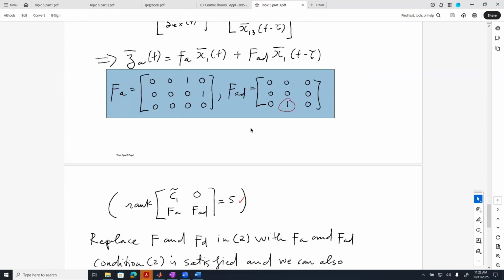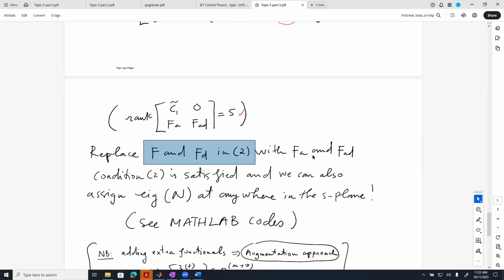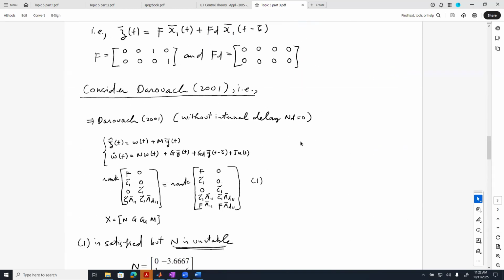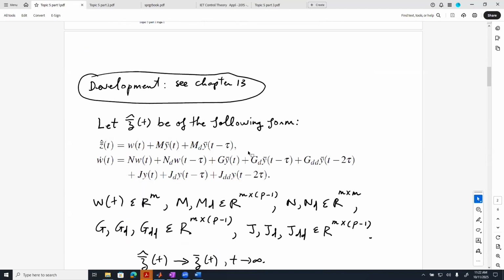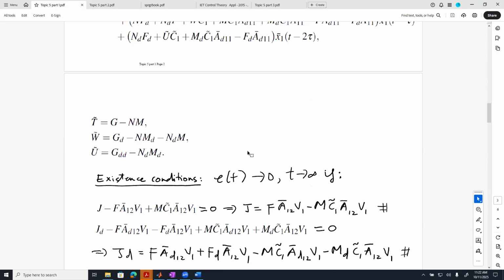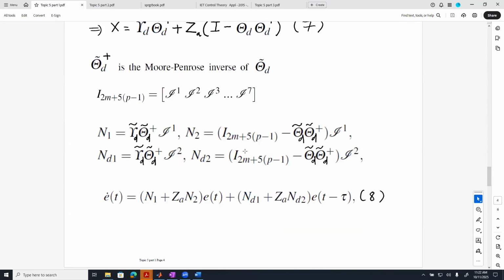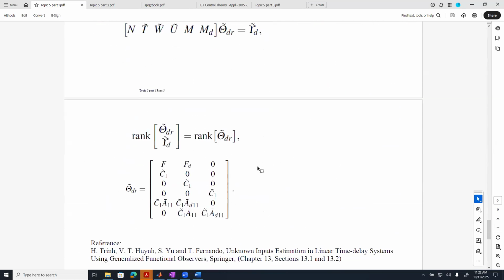We're going to replace F and FD in condition 2, which basically came from topic 1, topic 5, part 1, where we obtained a generalized condition, which is this one here.